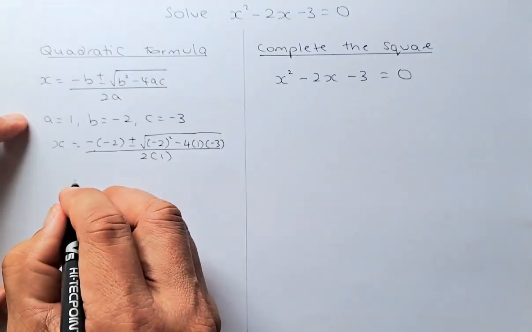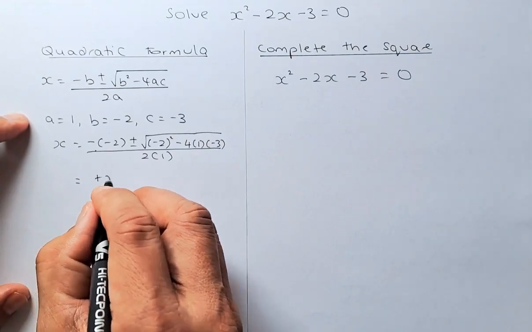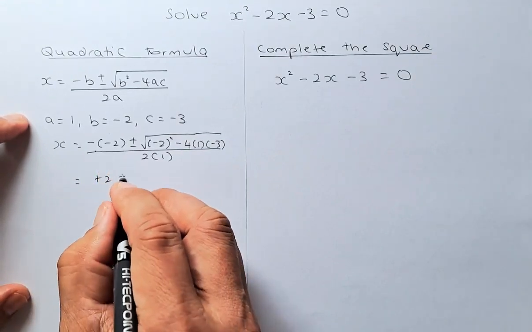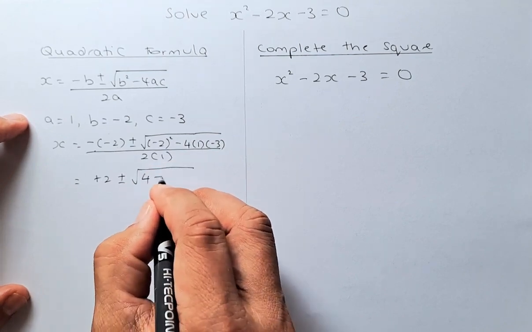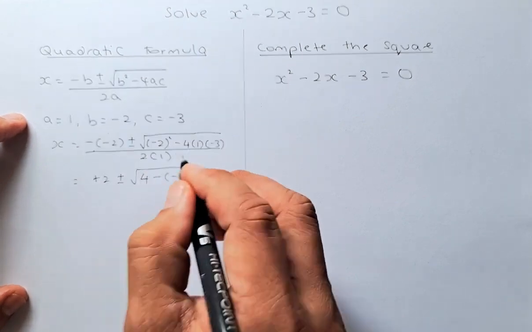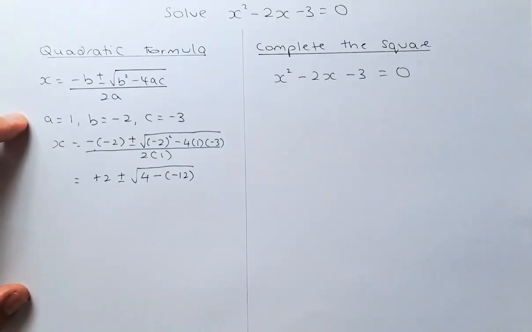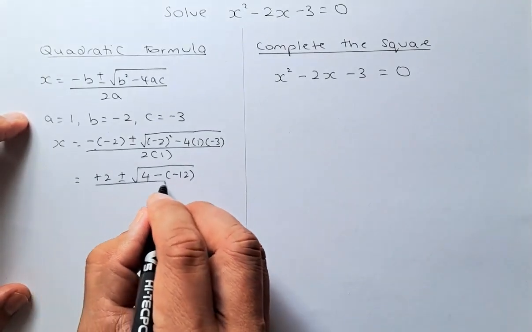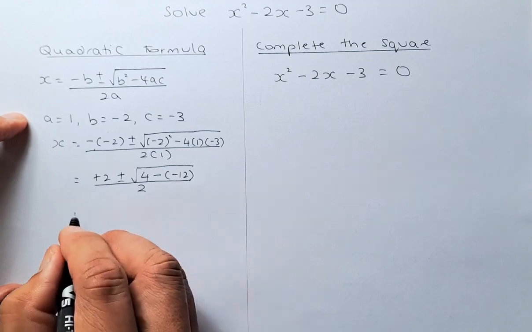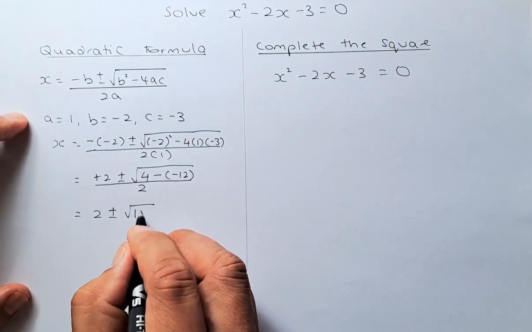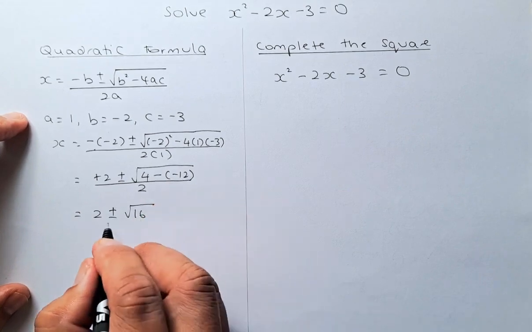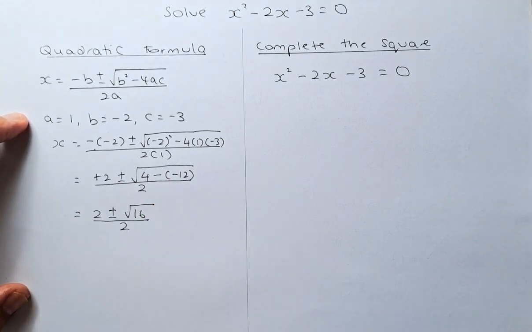Then you're going to simplify that. It's going to be positive 2, because minus negative 2 is positive 2, plus or minus, okay, minus 2 squared is 4, minus negative 12, because 4 times 1 times negative 3 is negative 12, and divide by 2. Then you simplify further. 2 plus or minus the square root of 16, because 4 minus negative 12 is 16, over 2, and now you can solve it, okay?